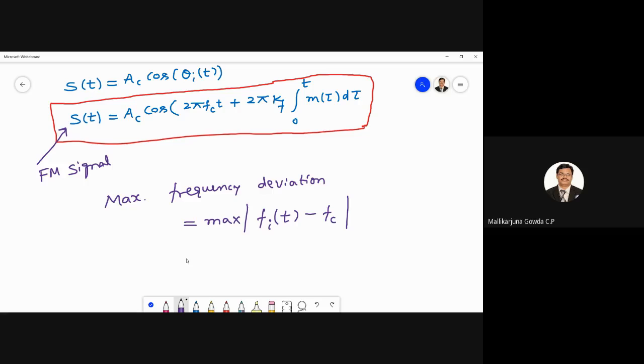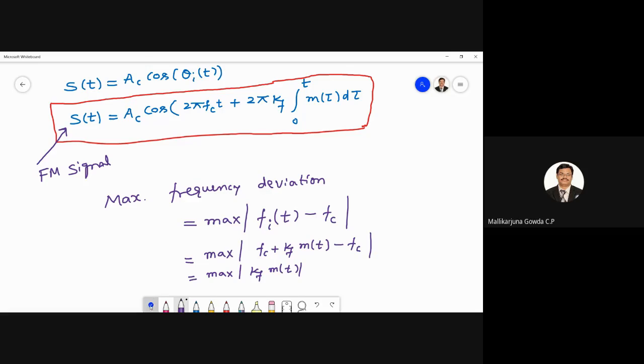Just substitute the value of fi of t here. Fi of t is fc plus Kf into m of t, then minus fc. So minus fc plus fc will get cancelled, and we get the maximum frequency deviation as Kf into m of t.